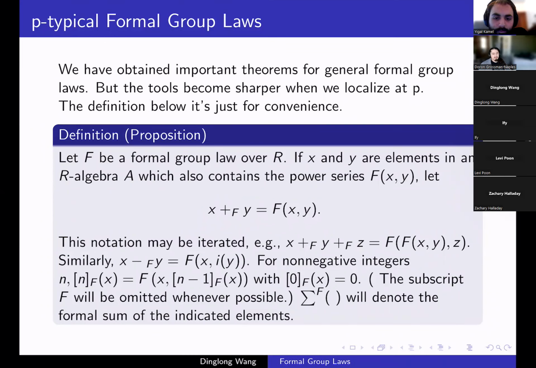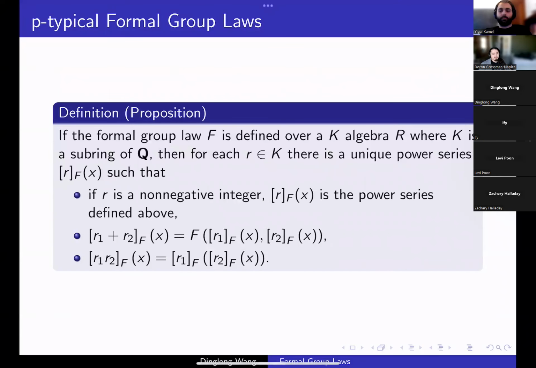This notation may be iterated, and for non-negative integers, we define [n]_F(x) to be x added to itself n times with F, and [0]_F(x) to be 0. A summation symbol with F on top would denote the formal sum of the indicated elements.